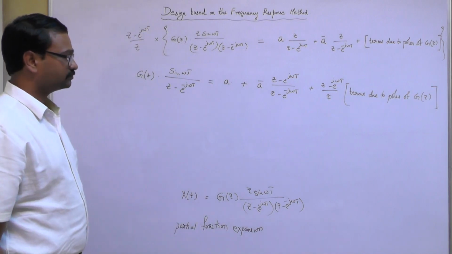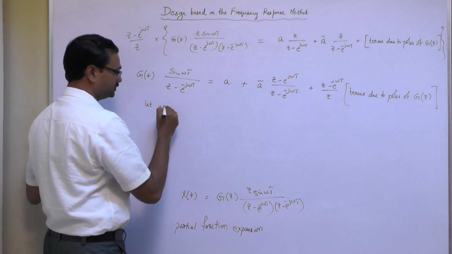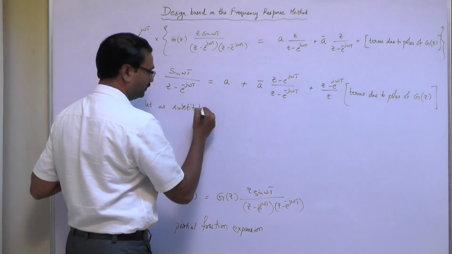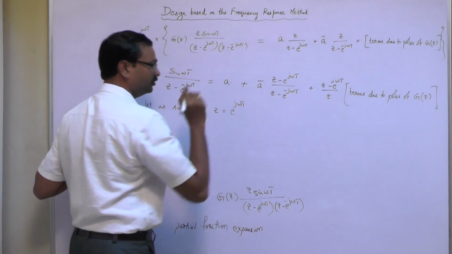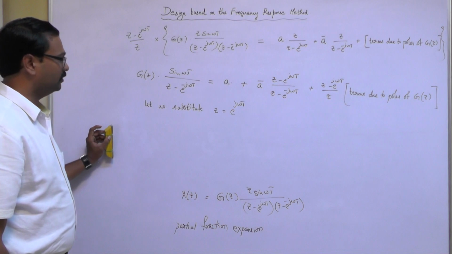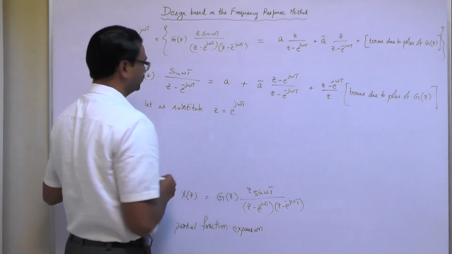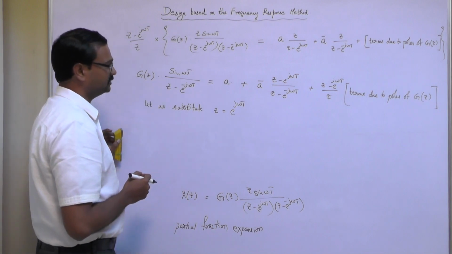Now let us substitute z with e power j omega t in the above equation. If we substitute here, what do we get?